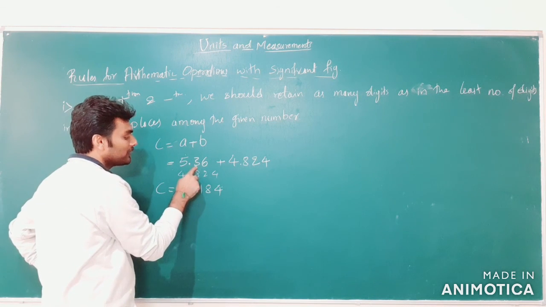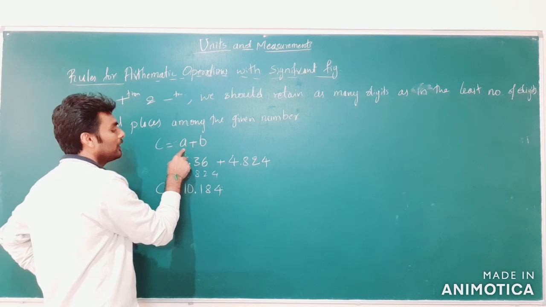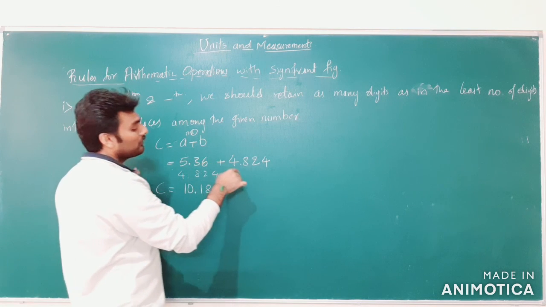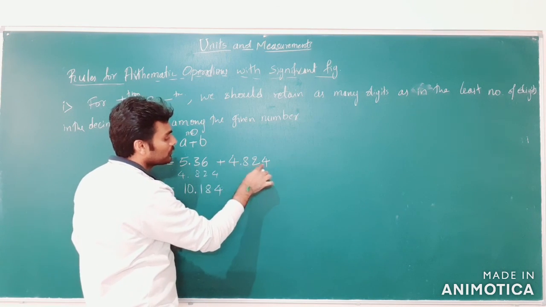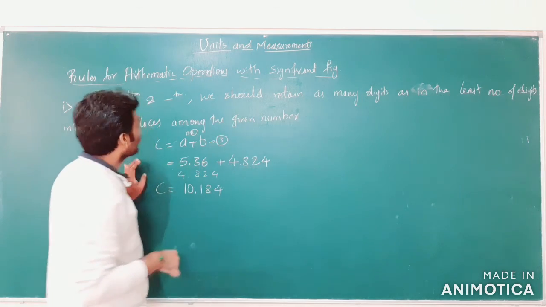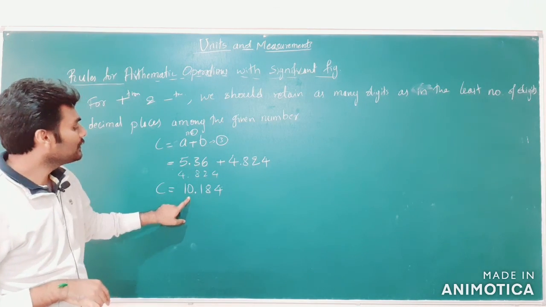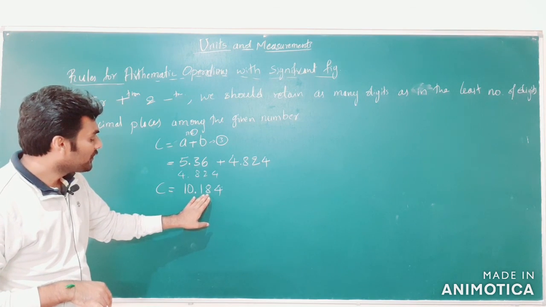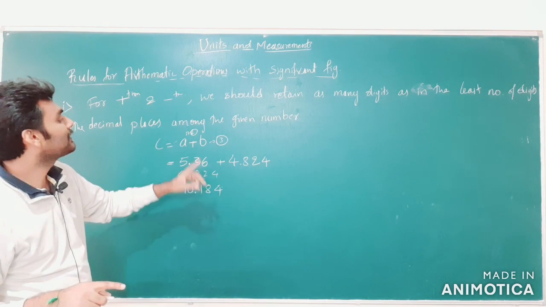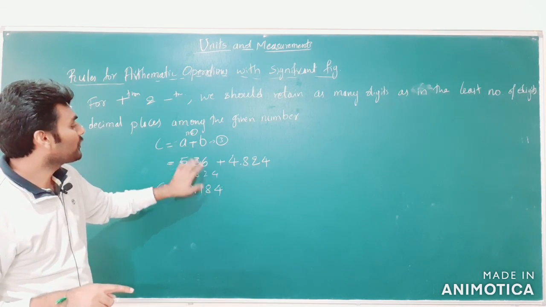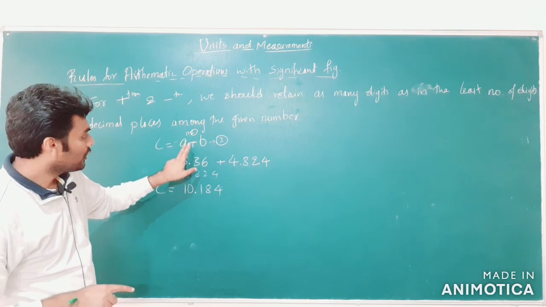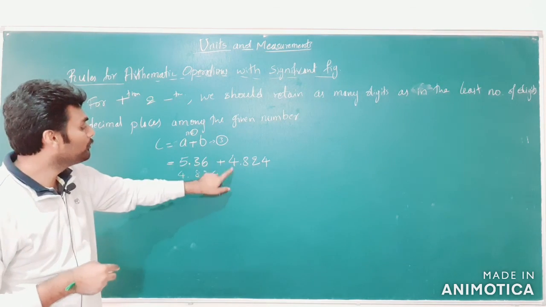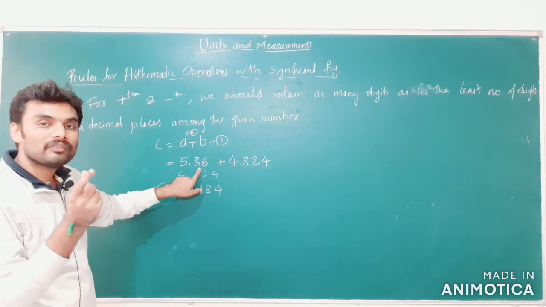It is only 2. 3 and 6 are the decimal places of A. Number of decimal places for B is 3. So according to this rule, for writing the sum of two measured values, I should retain as many decimal places as the least number of decimal places present among the given numbers. Among these two, A has the least number of decimal places, only 2.